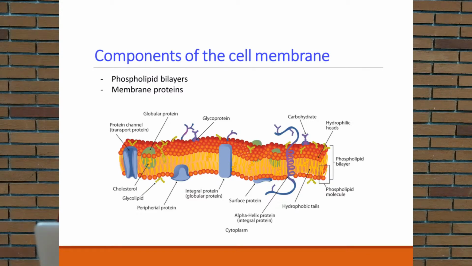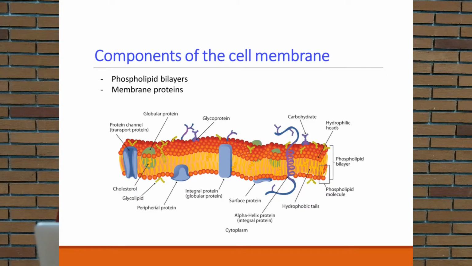The membrane proteins consist of several different types, which differ by their location in the cell membrane. For example, the integral protein, or globular protein, is located across the membrane, so it faces both the outer and internal environment.